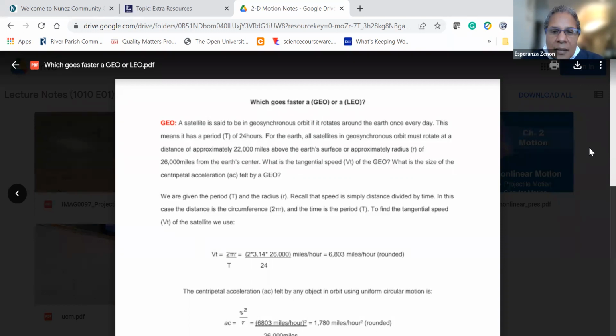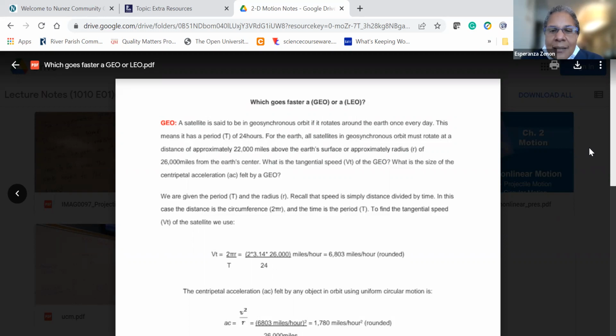And so when you multiply all the top numbers and divide by 24, you get 6,803 miles per hour. And I round it off there, okay? I round it off to the nearest ones place if you want to get technical about it.